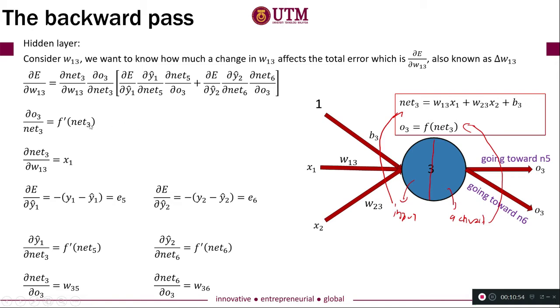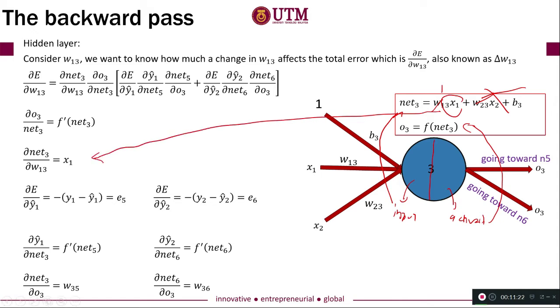Then del net 3 over del W13, which is this one. If you apply the derivative, this one will be cancelled out, and from here this one becomes 1, then you only have x1 left, which is going into that direction.